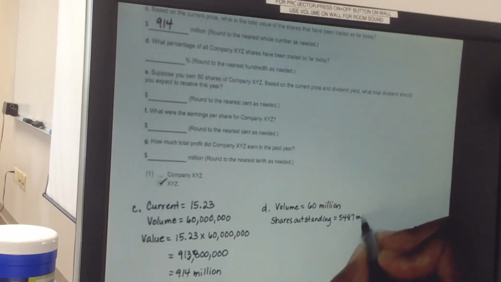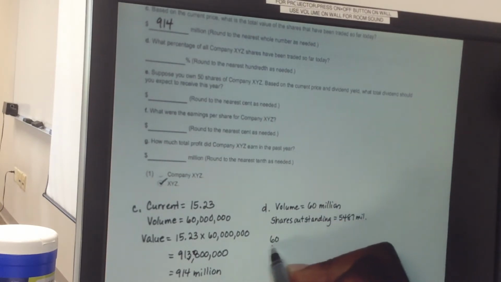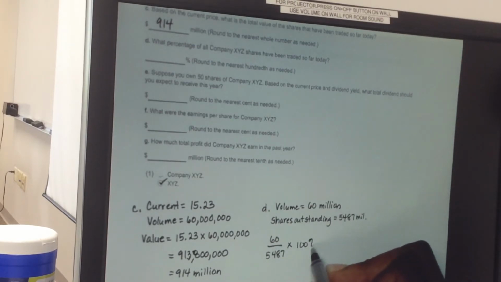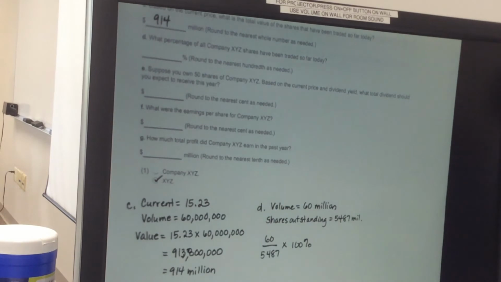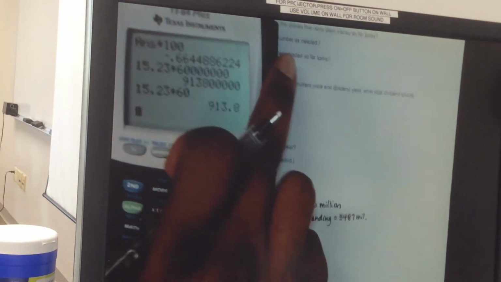5,487 million. So I'm going to take the volume, which is 60, divide that by 5,487, and then multiply that by 100%. It'd be easier to do it that way to find out what percentage of shares have been sold.